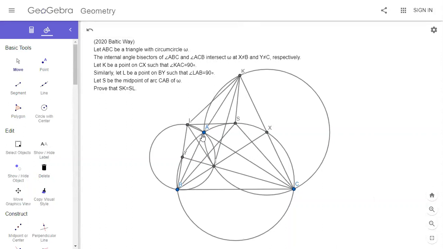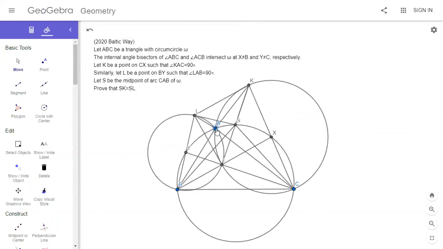So yeah, can we use that to show that LASK is cyclic? And then that would probably solve the problem. I don't want to make LAC look collinear.